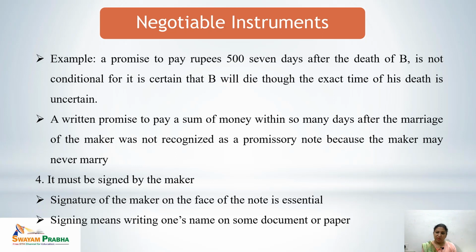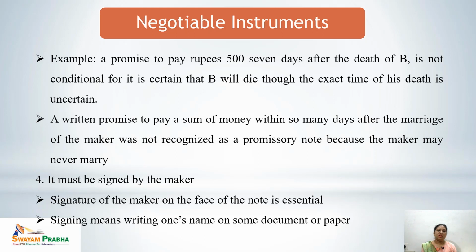But as in the previous example, death is a certain event. That means in case of a certain event, this would not be treated as a conditional promise, but where the event is not certain, meaning it's not a must-happen event, in that case it would not be a valid promissory note.